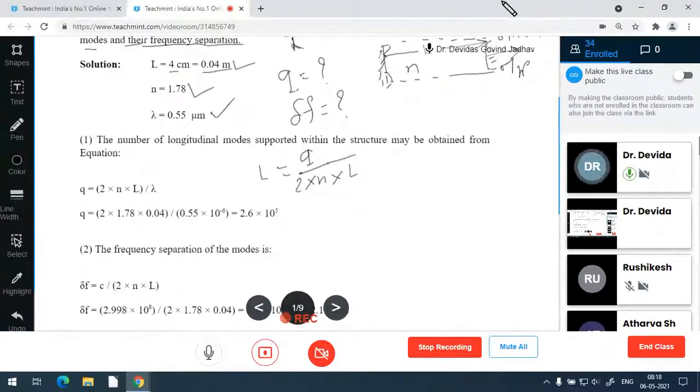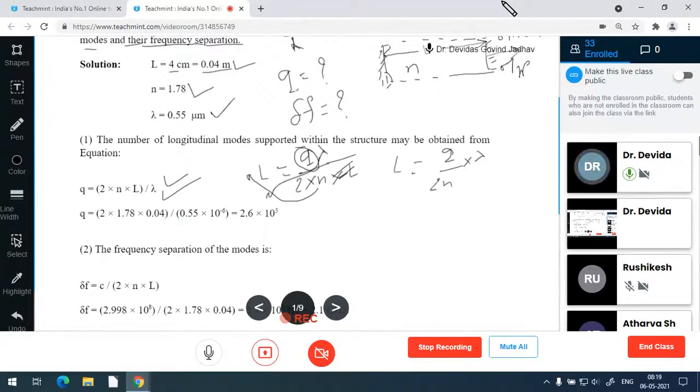If we take the 2N on the other side and keep Q on one side, the formula becomes Q equal to 2NL upon lambda. So rearrangement gives Q equal to 2NL by lambda.